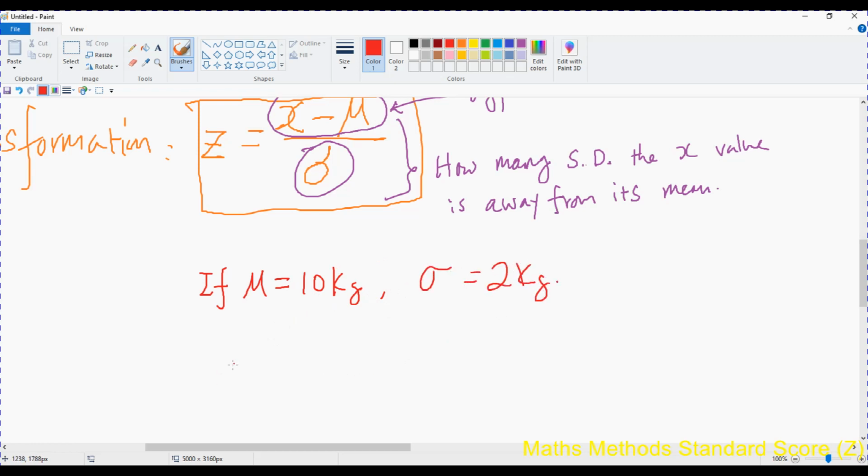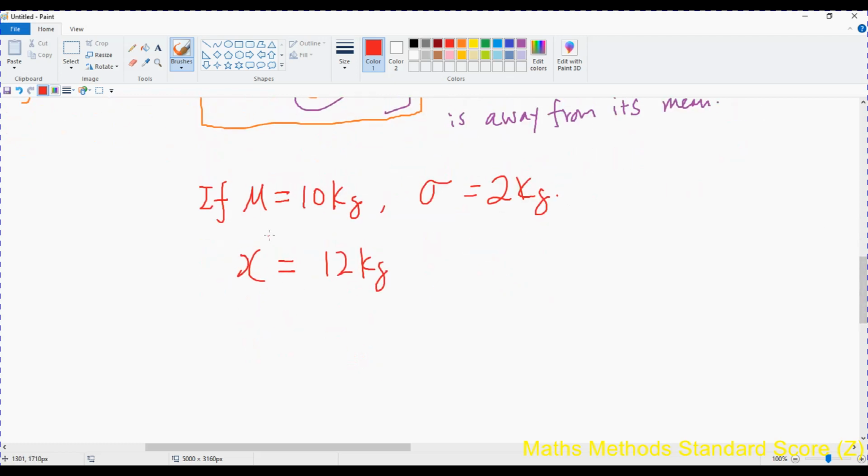So if there's a giant panda with a mass like 12 kilogram, you see that obviously is heavier than the average panda's mass, but how much heavier in terms of how many standard deviations that mass is away from the mean? You can do the z-score.